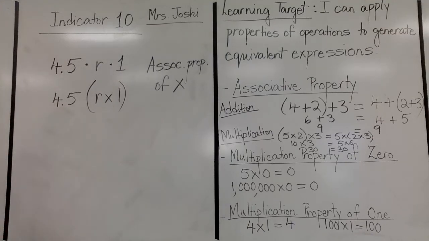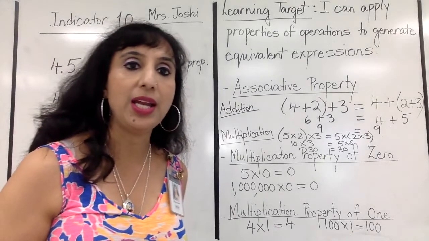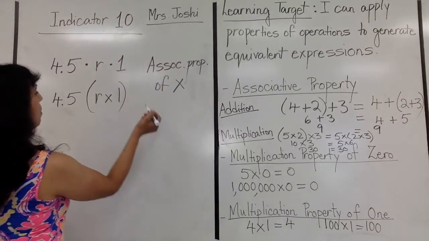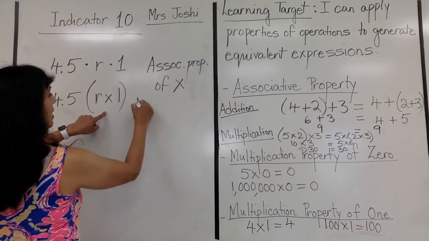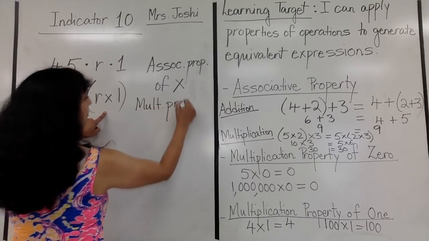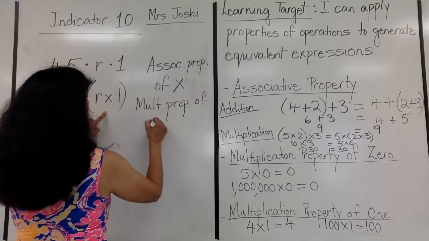Because based on the associative property of multiplication, I've got my grouping, and then I know that anything times 1 is the number itself. So r times 1 is going to give me r. So that is the multiplication property of 1.